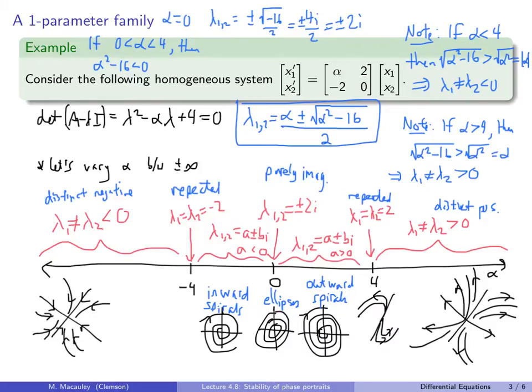And over here, we have a similar one. It's just going to go inward. This is that improper node. So this is an improper node, and this is a proper node. This is a node. And this is an improper node.